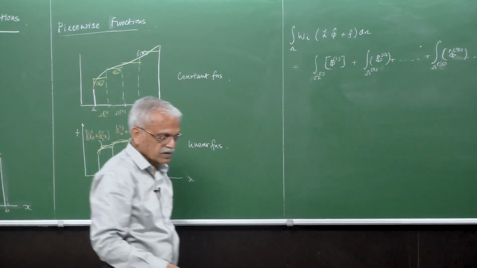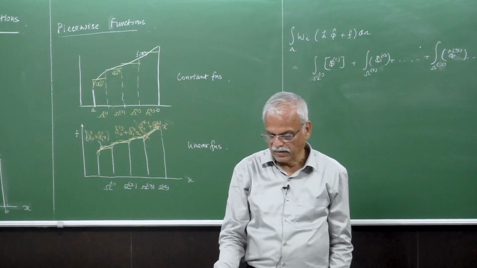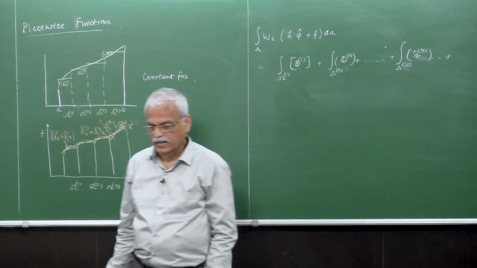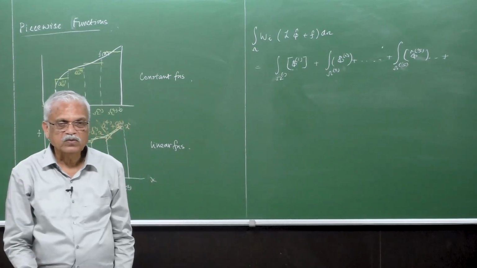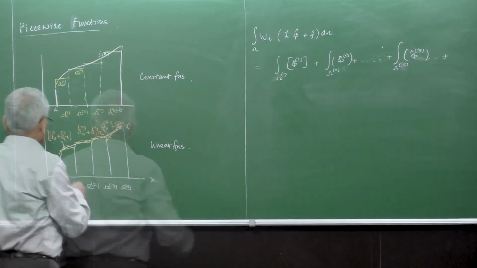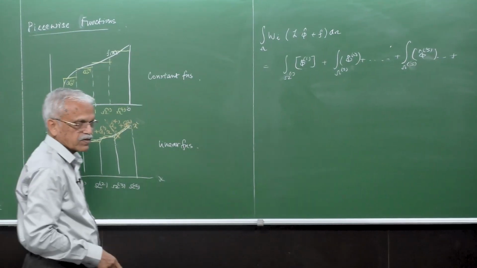Here the subdomains are called elements from the finite element point of view, and of course there's another term that comes into the picture, which is the node. A node is nothing but the point at which the elements are connected.